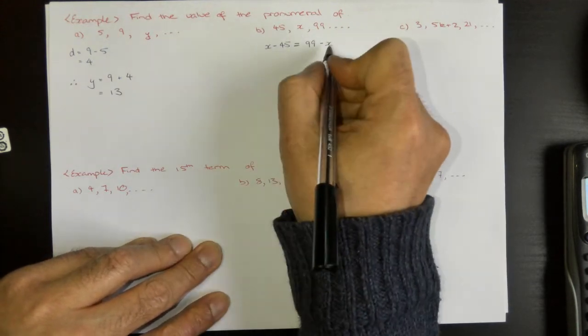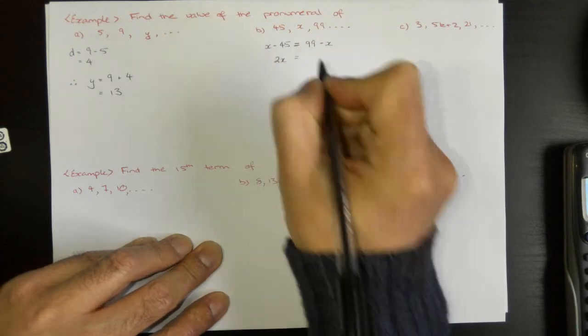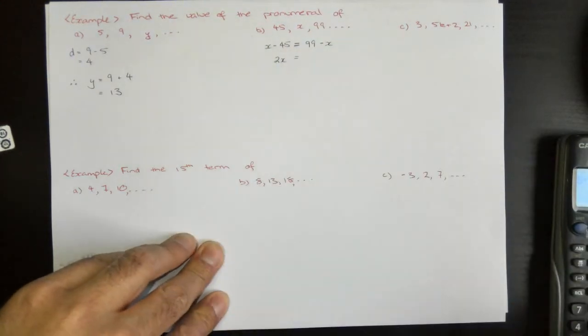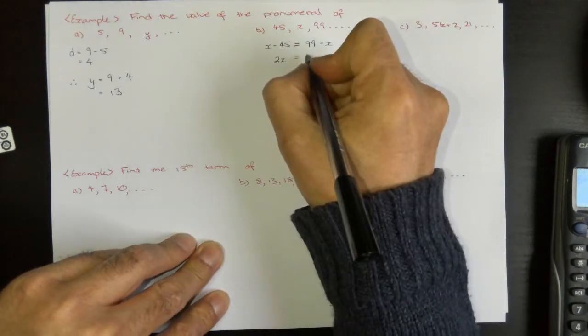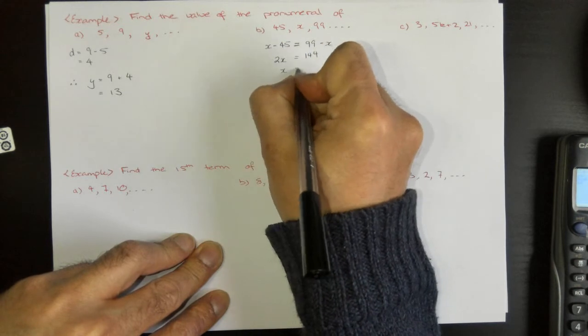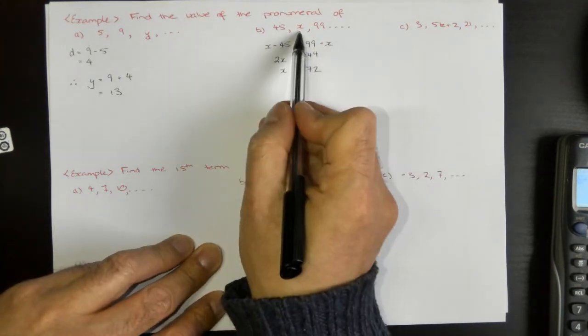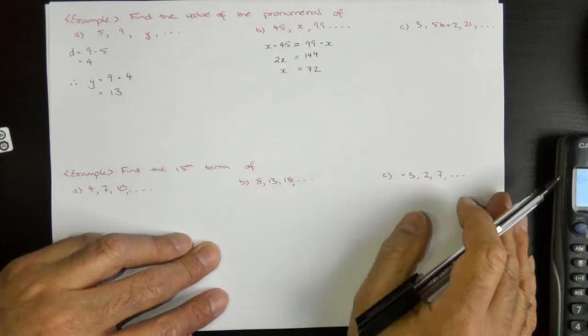So now I have an equation. If I bring that x over here, I get 2x, and I add 45 to that, which gives me 144. Divide by 2, x equals 72. So that term is going to be 72.